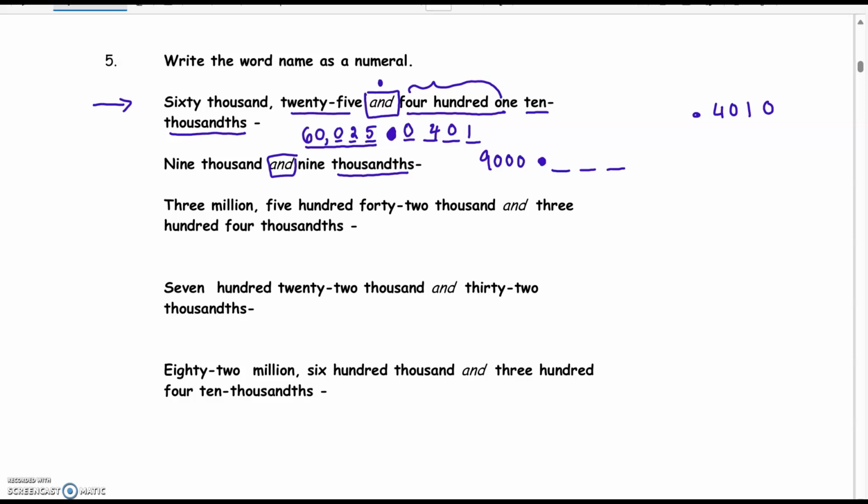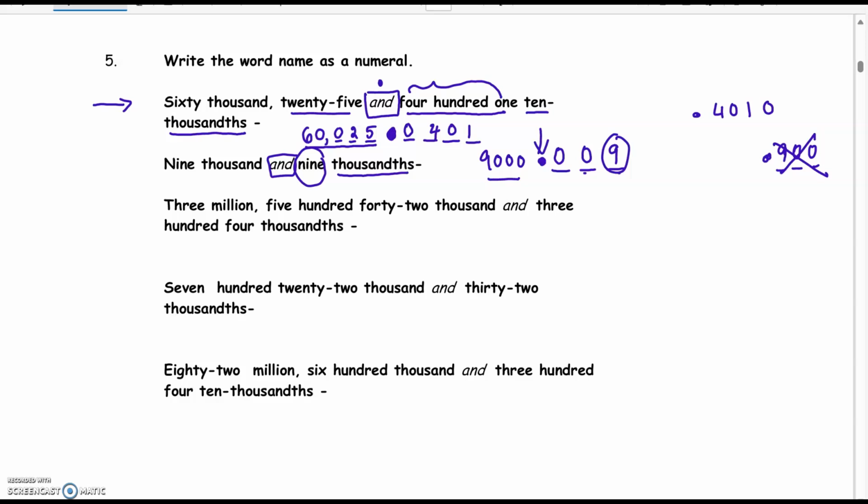And remember that these 3 places together have to read just 9, not 900. If I place the 9 in the beginning, I would be forced to put 2 zeros after that because I have to fill 3 blanks. But then that would become 900 thousandths. So that is not an option. It is 9 thousandths. So it is 009. So it's 9,000 and 9, 3 decimal places. So it says 9 thousandths.